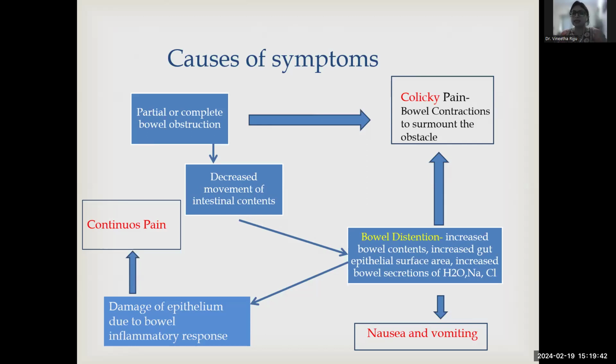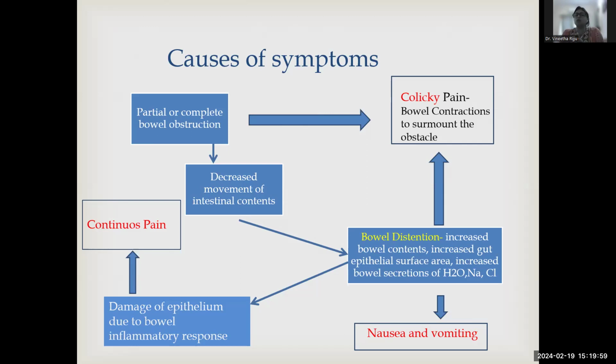This is because of the pooling of the bowel contents. There is also the fecal content, and increased bowel secretions.